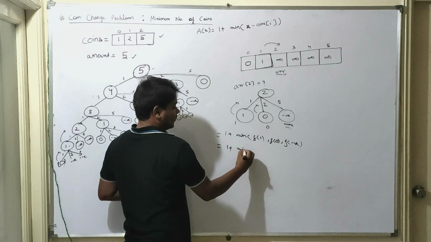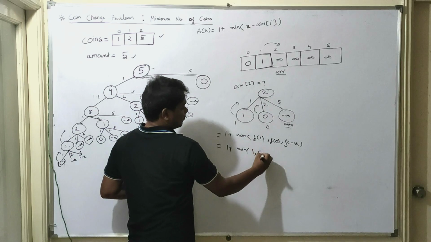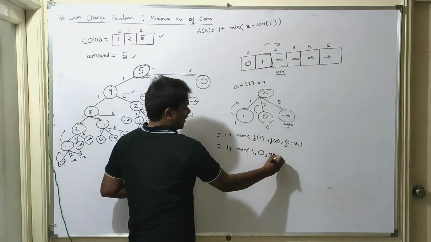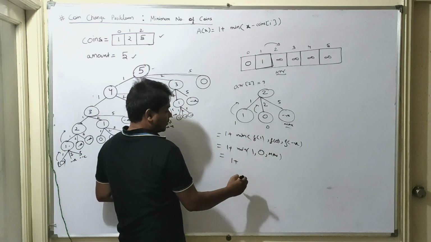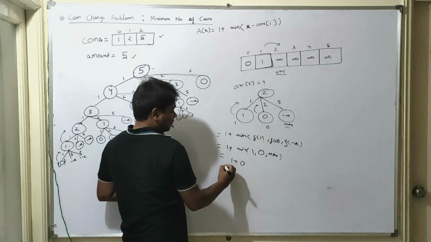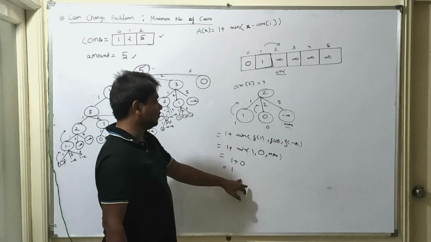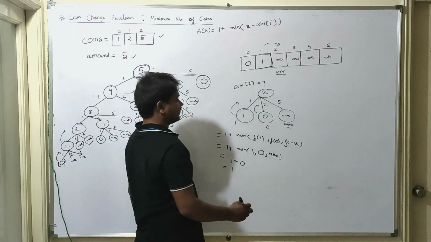F of 1 is 1, f of 0 is 0, and something negative is max. So 1 plus what we return from here, 0. So f of 2 will also be equal to 1.